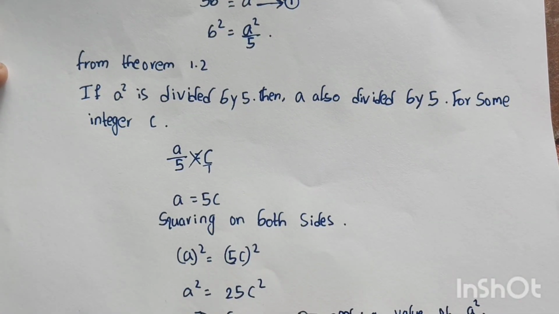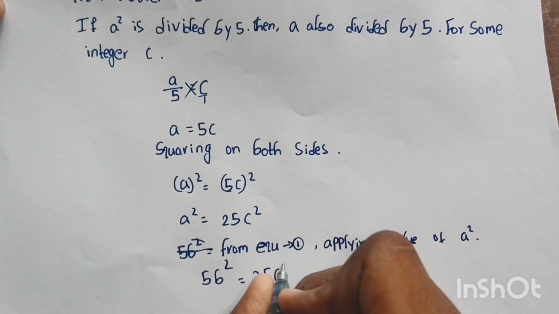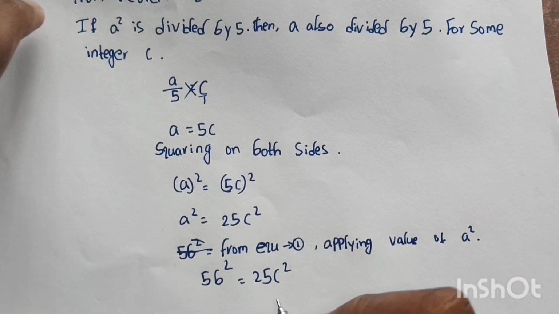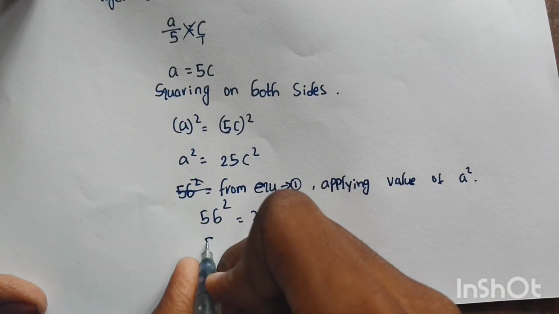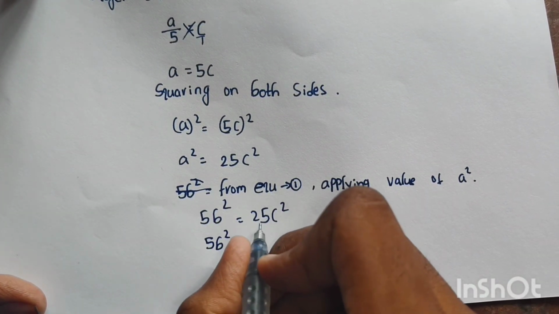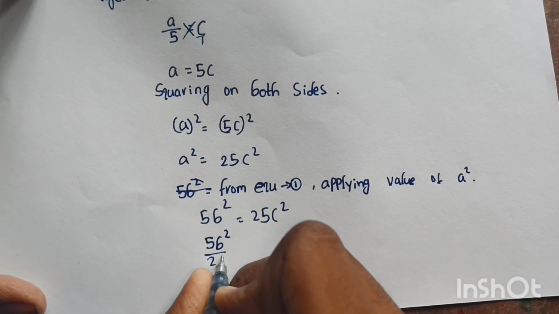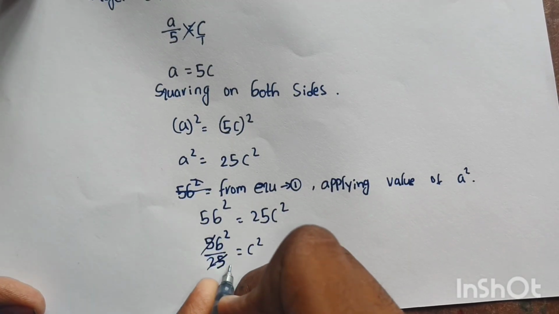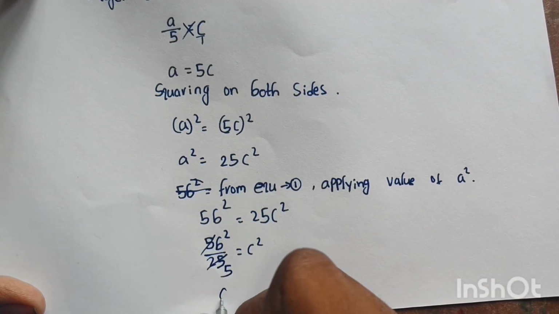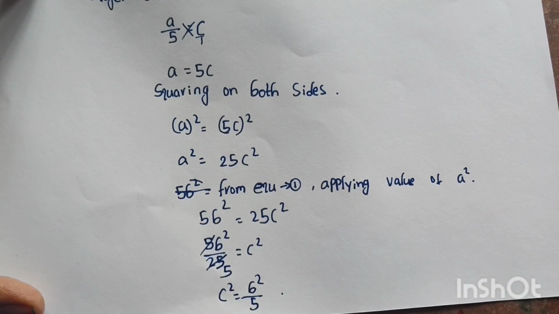So 5b square equal to 25c square. Here we want to find c square. 5b square, here 25 is multiplying. If we send 25 this side, it will divide, equal to c square. 5 ones are 5, 5 fives are 25. c square equals b square by 5.